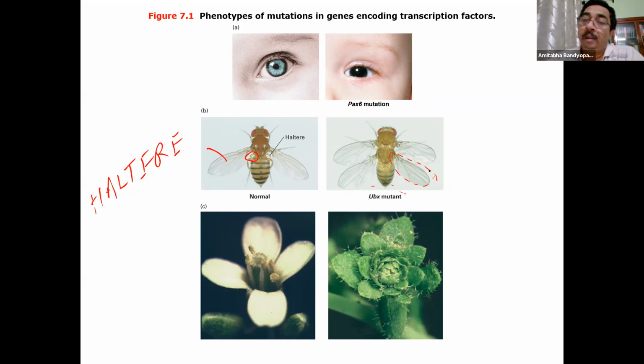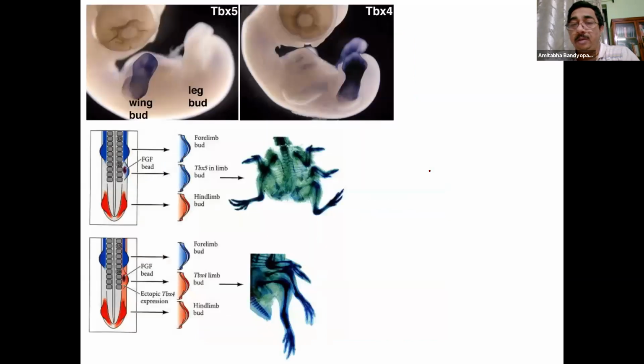Now, the wing, of course, will develop as wing, and what should have been haltere also develops as a wing. Okay? There are transcription factors in plants that can make a flower look like a leaf, and vice versa. So, I will share with you some very classic experiments.